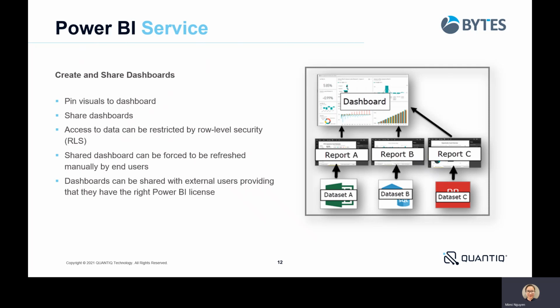And then you can pin the visuals from that report into a dashboard, or you can also pin the whole report to the dashboard. And then you're going to share the dashboard with other people. However, sharing the dashboard is going to require another license. It is not just like the free license that you use when you download Power BI Desktop. And access to data can also be restricted by row level security.